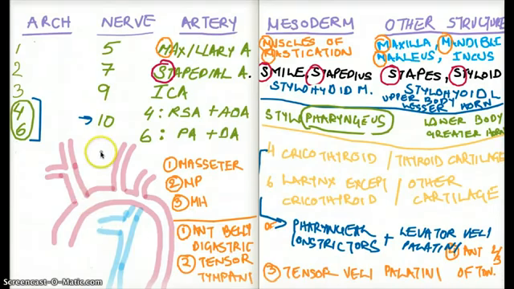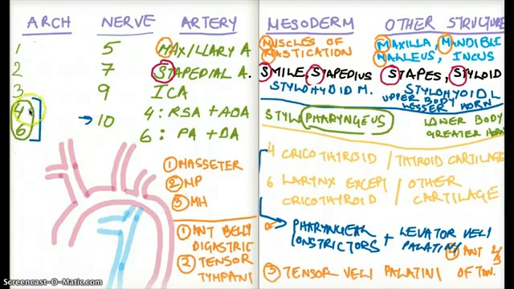But you do have to remember that even though the cranial nerve is shared, brachial arch 4 is supplied by the superior laryngeal branch, whereas brachial arch 6 is supplied by the recurrent laryngeal branch.